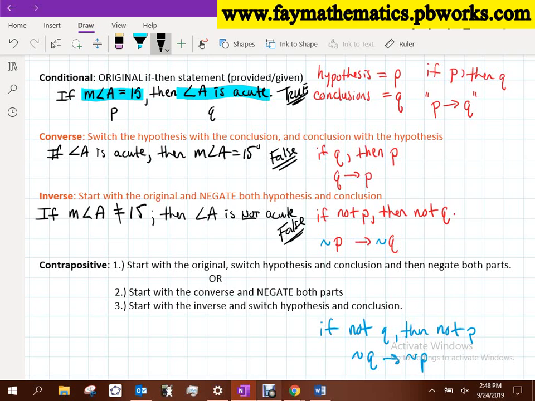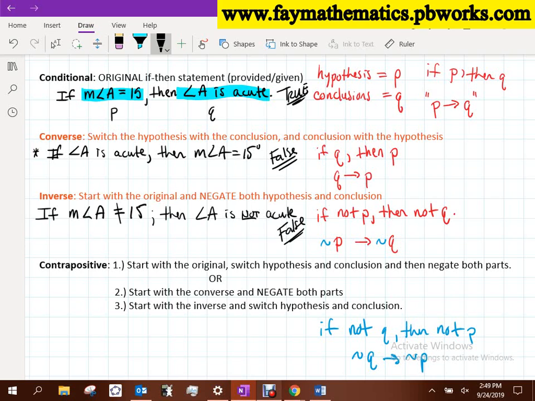Now I want to come up with the contrapositive. The contrapositive says that you start with the original and then you switch the hypothesis and conclusion. Well, this was the original. This here switched the hypothesis and conclusion, right? And then says, okay, now that you've done that, negate both parts.